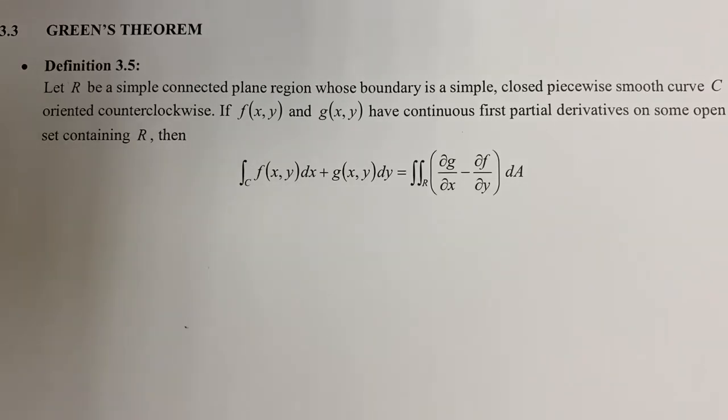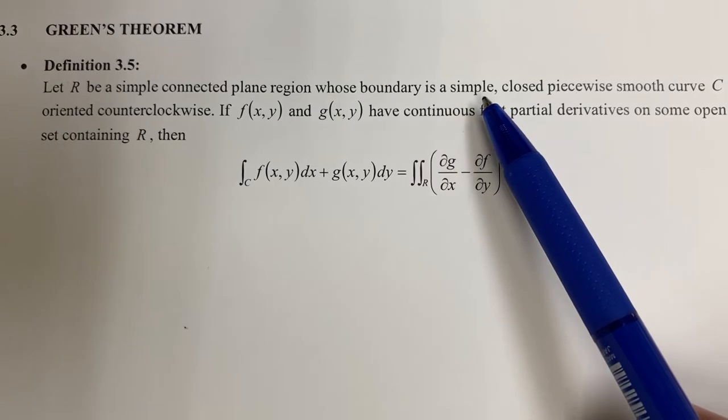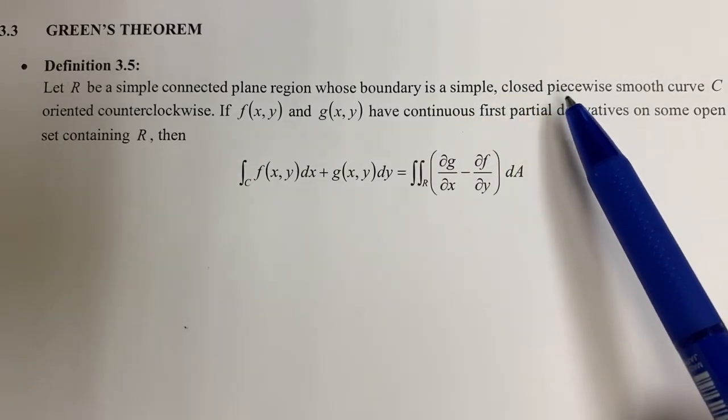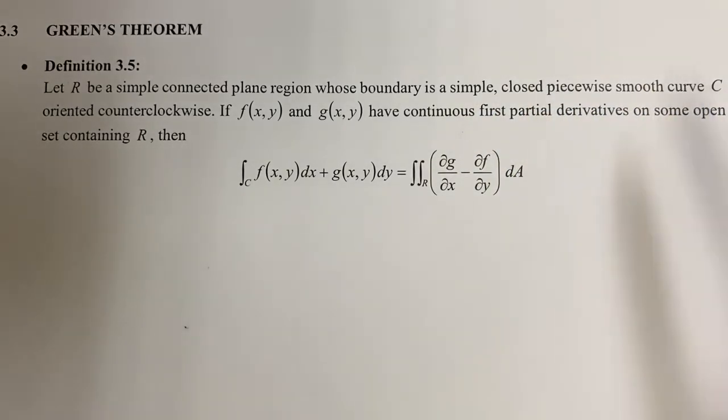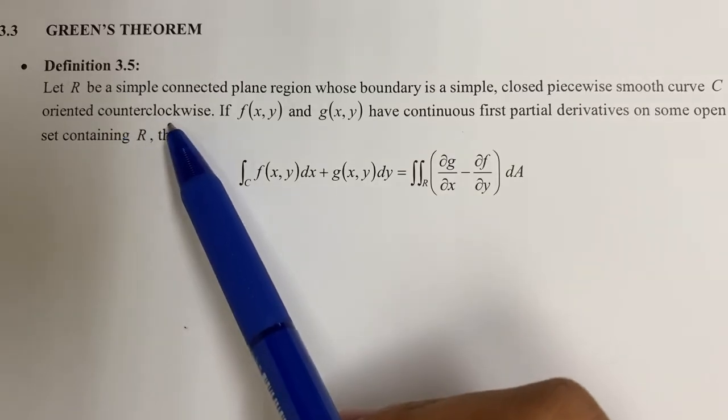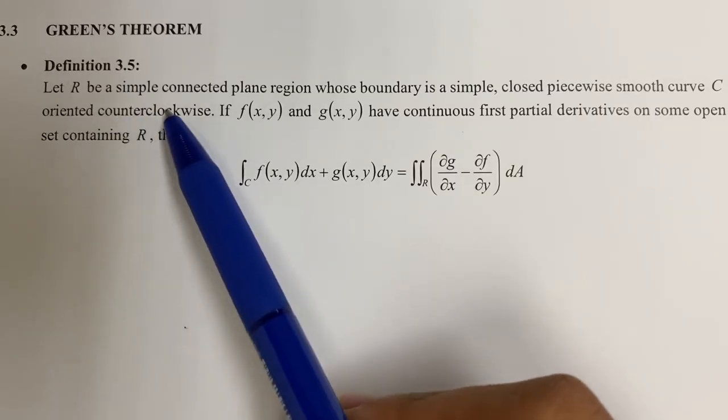Let R be a simple connected plane region whose boundary is a simple, closed, piecewise smooth curve C oriented counterclockwise. Okay, the orientation is counterclockwise.